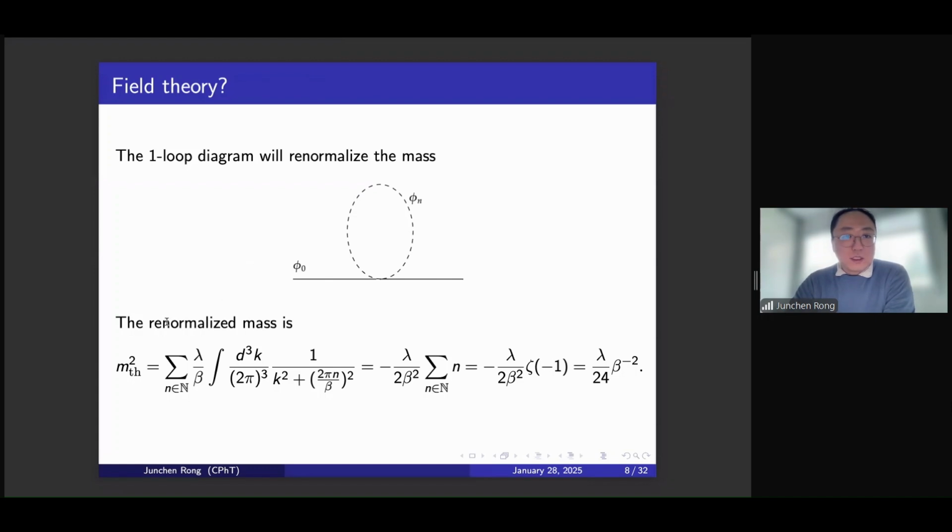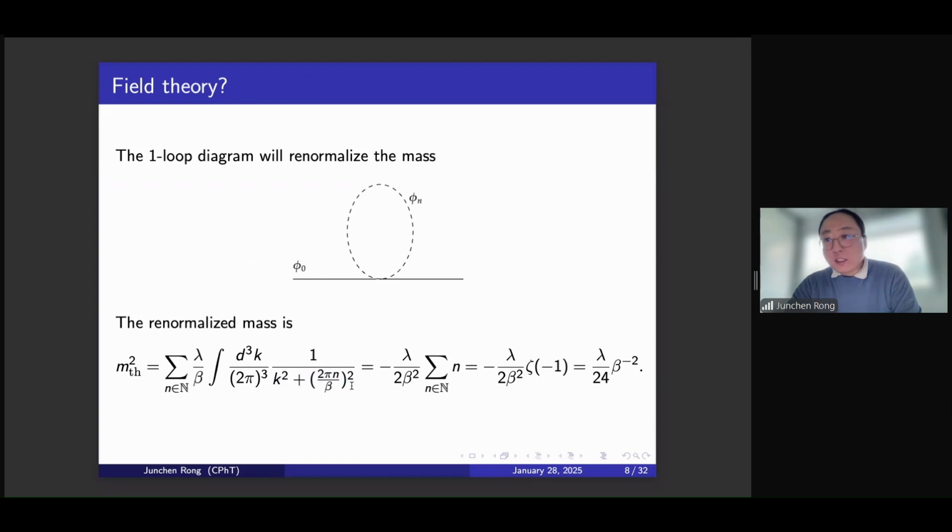This is taken from a paper by Sachdev called conformal order. The massive modes propagating along the loops would renormalize your zero mode. Basically, you are performing a one loop calculation like this. This is the mass. This is the space momentum.